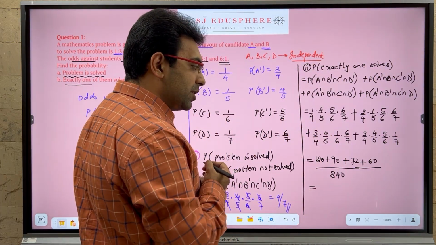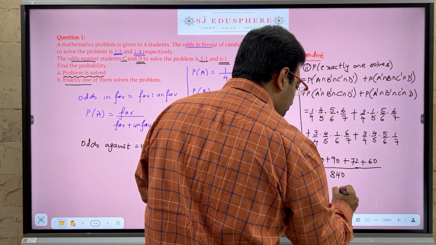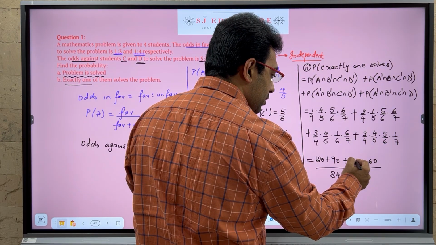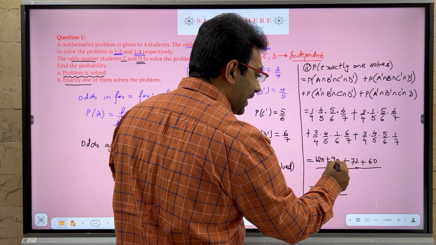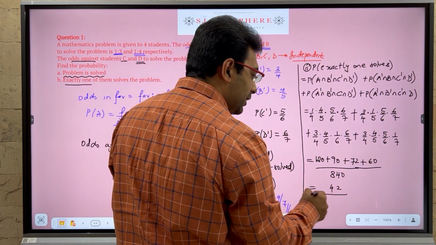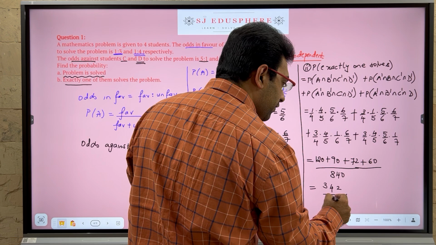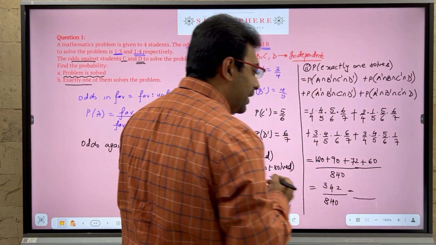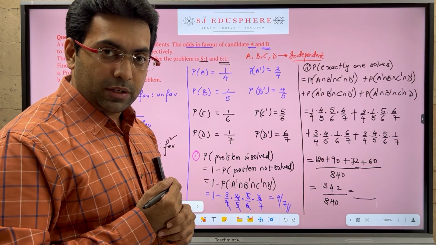So when we solve this particular number, we have over here 2, 6 and 7 makes it 13, 13 and 9 makes it 22, and 2 makes it 24, carry 2 makes it 342 upon 840, where make sure you write the answer in your least fraction.